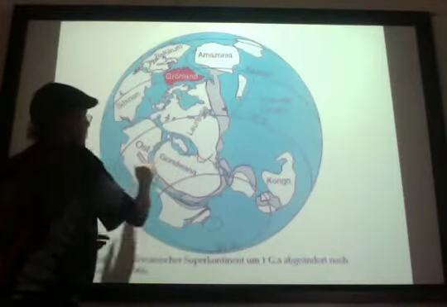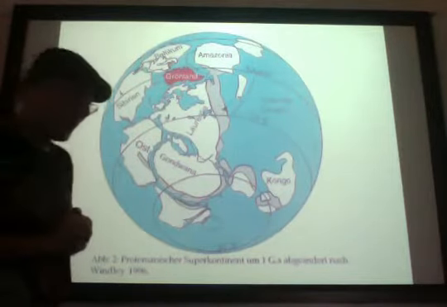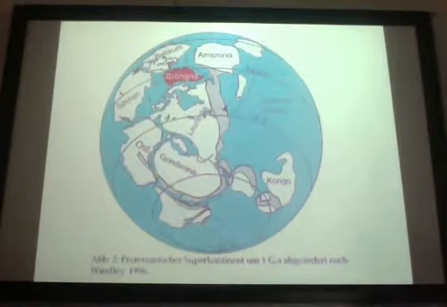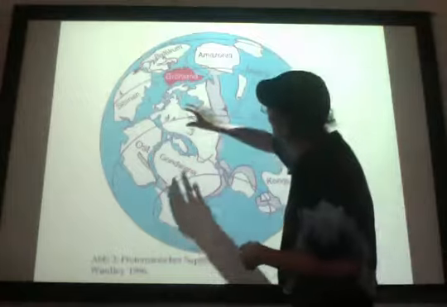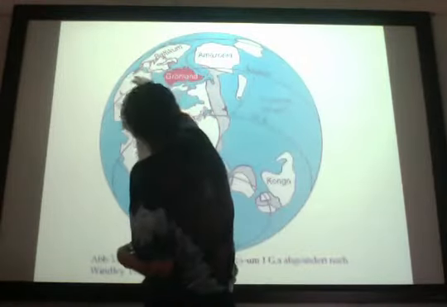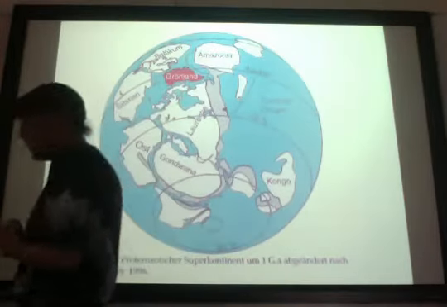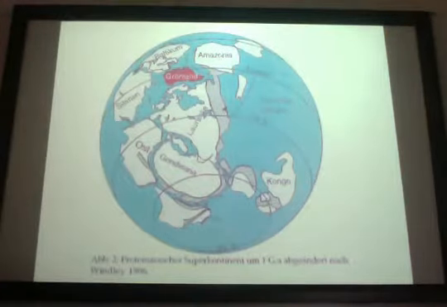Here we have East Gondwana and West Gondwana, that is today Africa. Then the Congo Craton, which is also today Africa, Siberia, which is today Russia, and Baltica, which is between Europe and Asia. That is the continent constellation 1 billion years ago.